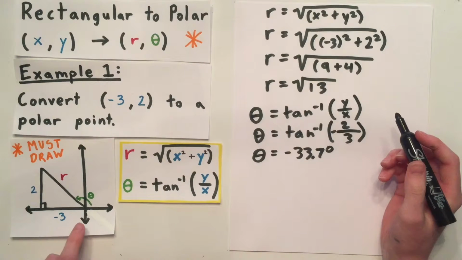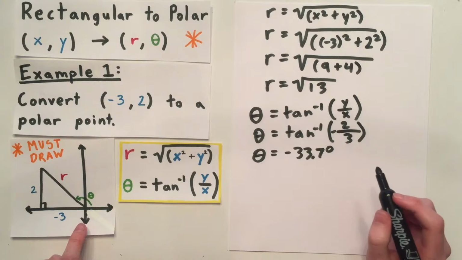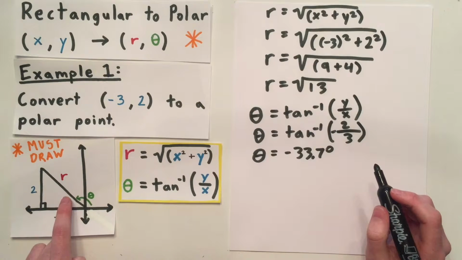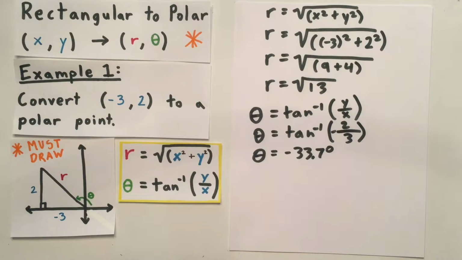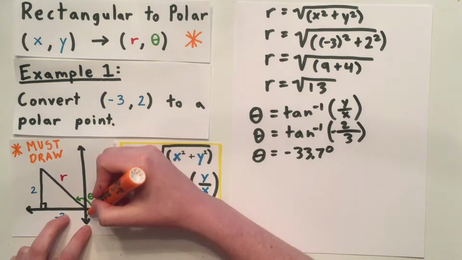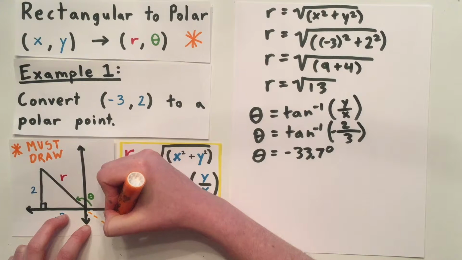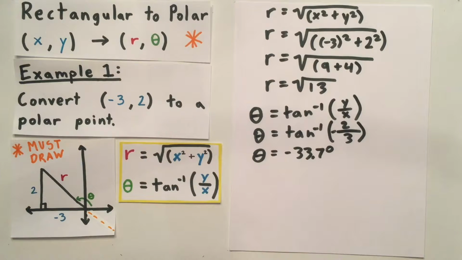And if we look at our drawing, this is where you have to be careful. This is clearly not -33.7 degrees. -33.7 degrees is actually the angle in this quadrant. The calculator just gave it to us in a quadrant we don't want it in.